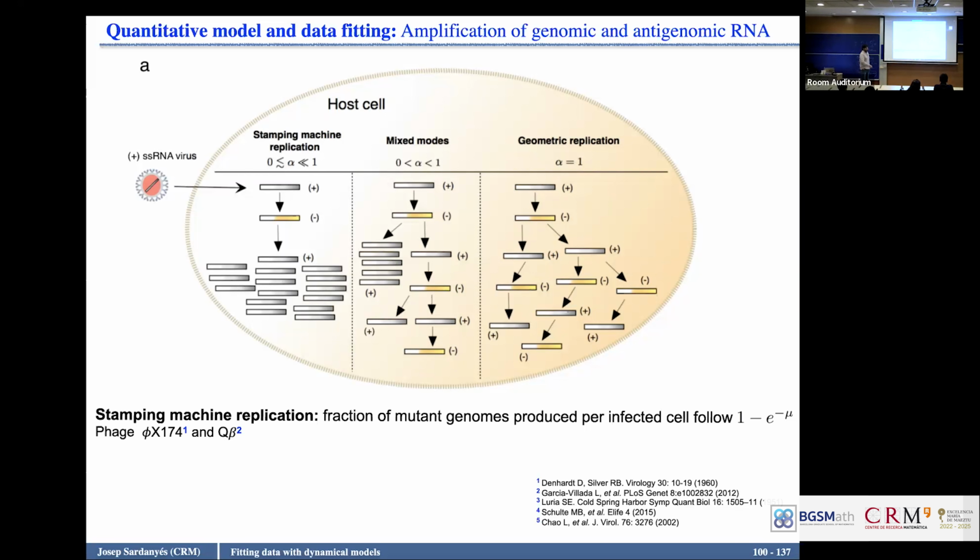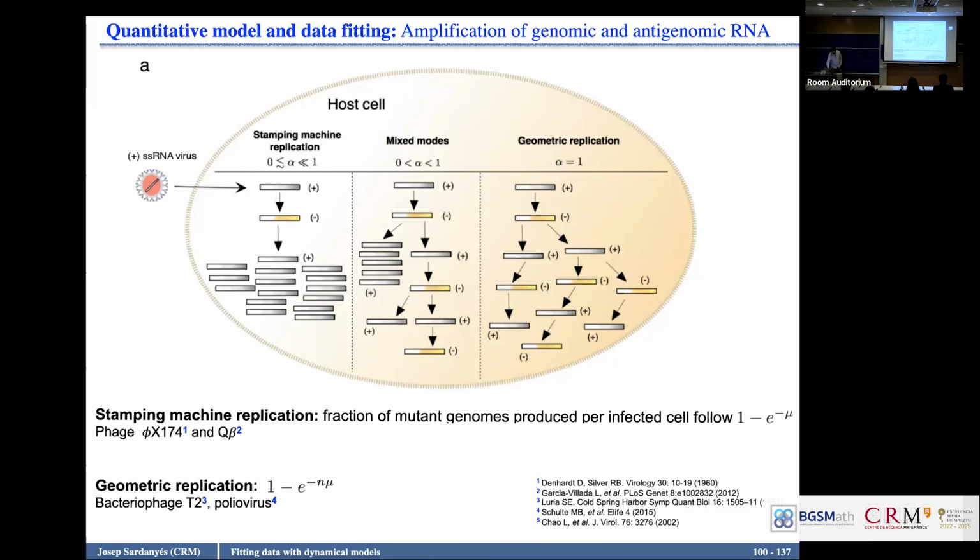Beta is a phage that has a single-stranded RNA. If I'm correct, this one has a single-stranded DNA. So what they observed is that the fraction of mutant genomes produced per infected cell for these two bacteriophages follow this distribution.